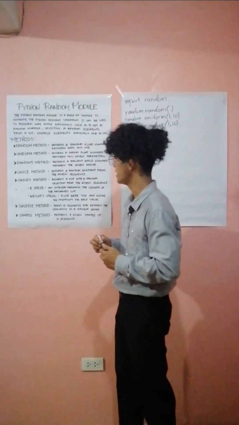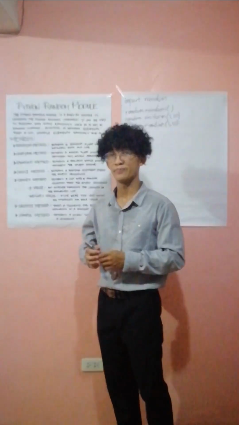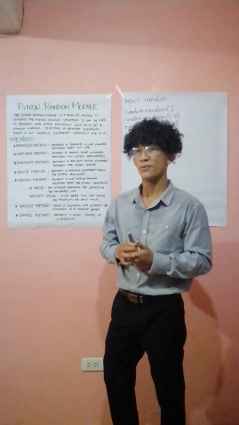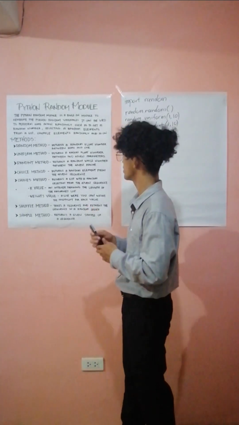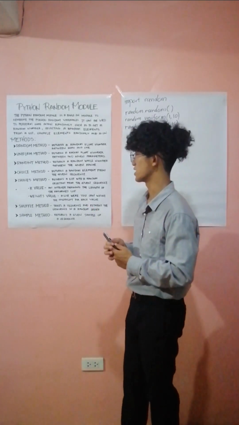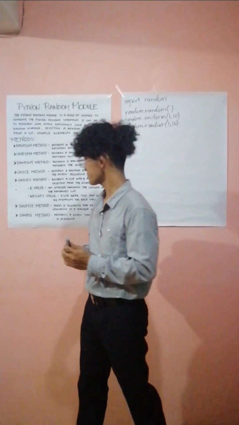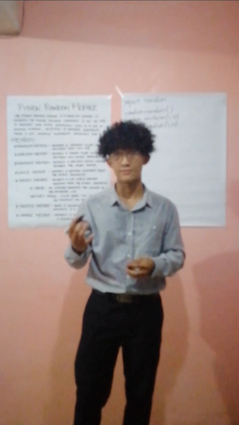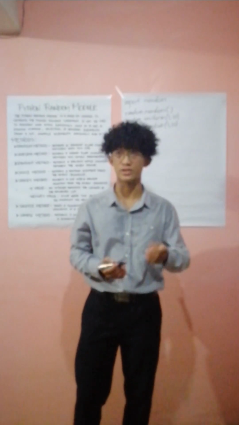And our next method is the choice method. What is a choice method? It returns a random element from a given sequence. So for the choice method, you should declare a list first before using it.